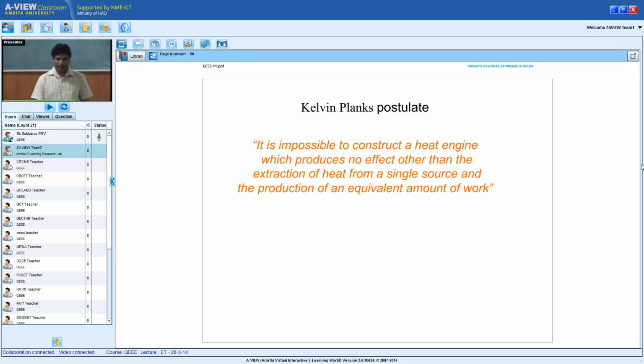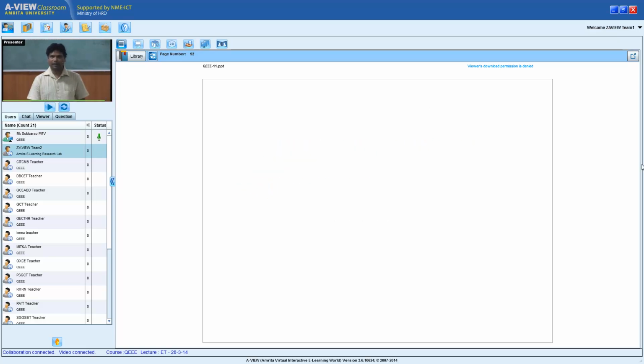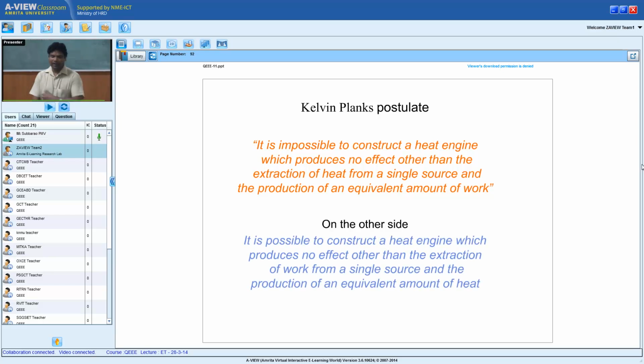Now you see this one. I am giving what is possible according to this statement. On the other side, it is obviously possible. All of you should think of an inverse of the second law. It is saying impossible. What is possible? I always miss this one in most of the books. Why do they end up explaining the impossible statement? Before explaining the impossible statement, let us tell the students what is possible, so that they can improve upon the possibility.